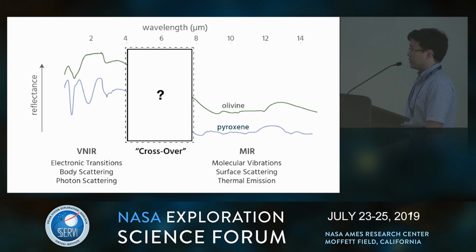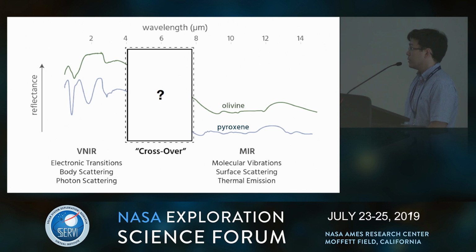When we think about the visible and infrared spectral range that is relevant to remote compositional sensing, we think about the visible near-infrared, or V-near, and the mid-IR. The visible near-infrared, shown on the left, is dominated by spectral bands that arise from electronic transitions in crystals, and this regime is also dominated by the scattering of photons, namely body scattering.